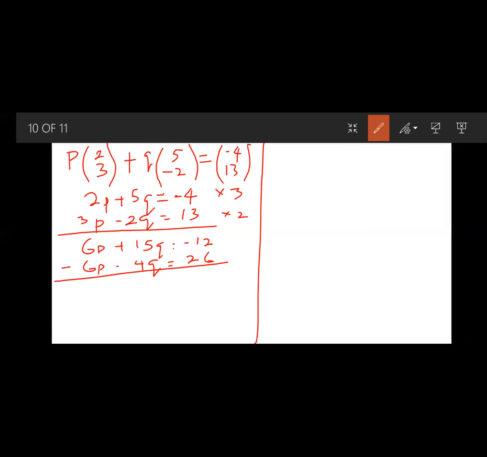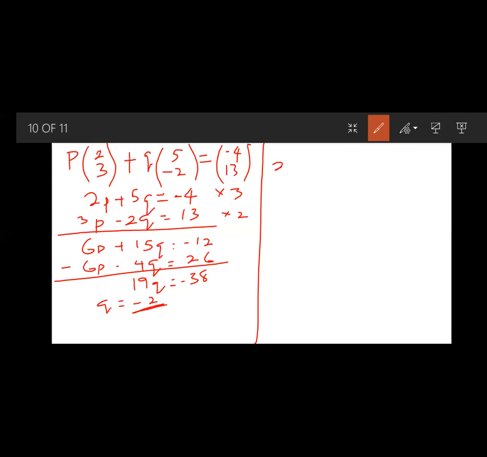If you subtract, 15 minus 4 will give us 19Q. Minus 12 minus 26 is minus 38. If you divide both sides by 19, our Q will be equals to minus 2. Now substitute Q into one of the equations.